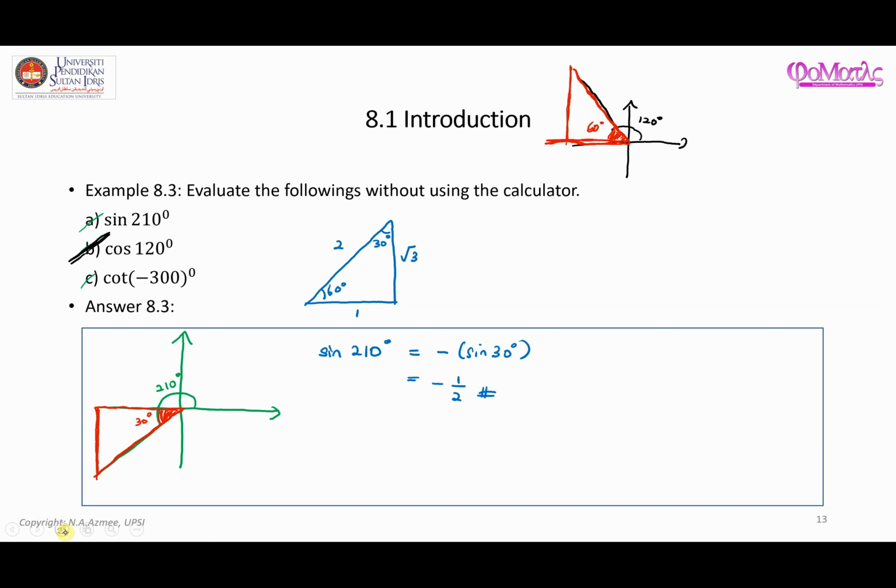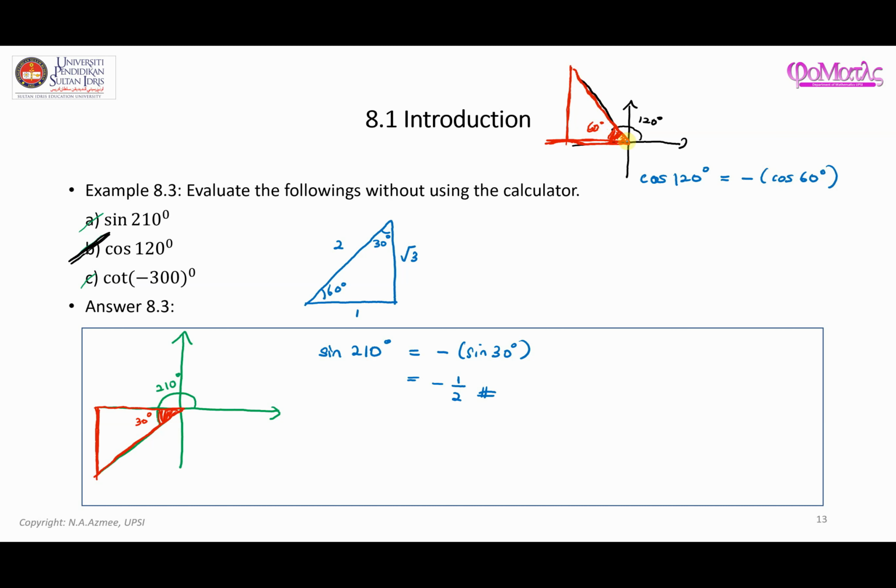Now, what I'm looking to find is the value of cosine of 120 degrees, and this is equal to working with cos 60 degrees. And because the angle is in the second quadrant, I know the value has to be negative cos 60 degrees.